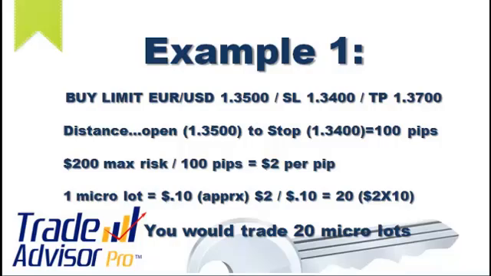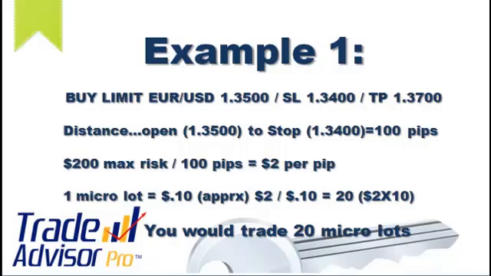Okay, you have already committed in the last slide that you were going to risk $200 per trade. So you're going to take that $200 and divide it between those 100 pips. So you are willing to risk $2 per pip. So $2 per pip, if the trade went against you 100 pips, it would hit your stop loss, and it would close your trade out at a $200 loss.